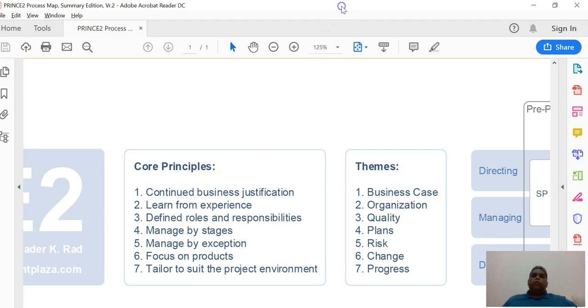Now, the fifth principle is the principle called management by exception. Now, this is a very important principle in order to make sure that we make the best use of the senior management time within the organization. In many projects and in many organizations, a lot of the precious time of the senior management is eaten into by the constant raising of issues and concerns by the PM and the PM team for resolution.